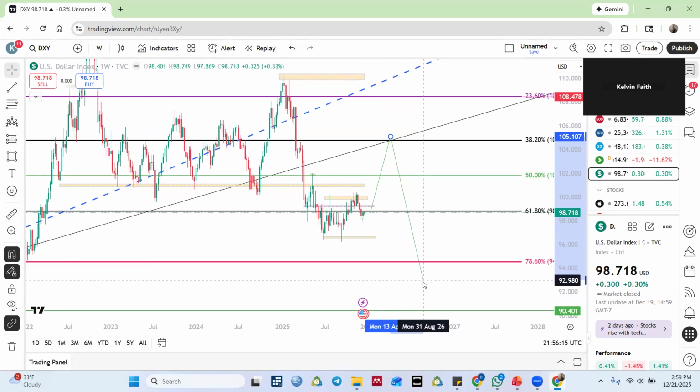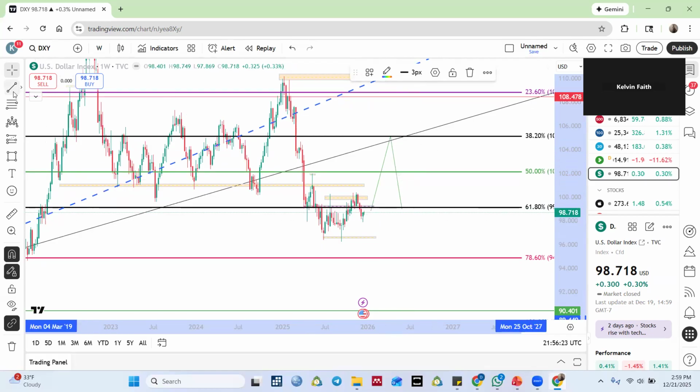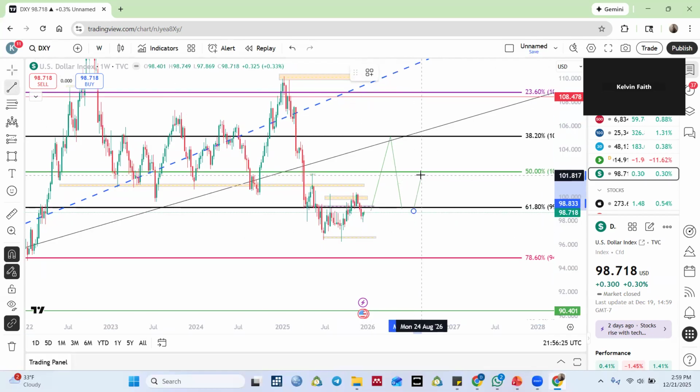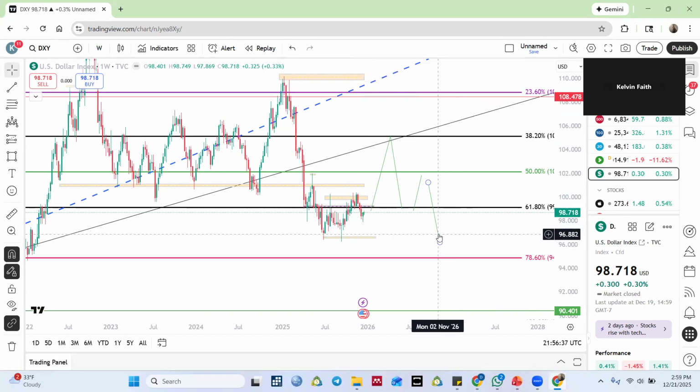Okay, you see that move like a flag. It might come here, push up, drop, do all the things it wants to do, stay below 61.8%, and like a flag, boom, drop down. It can behave like this. It can go like this.